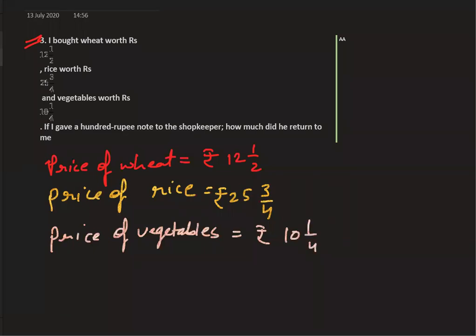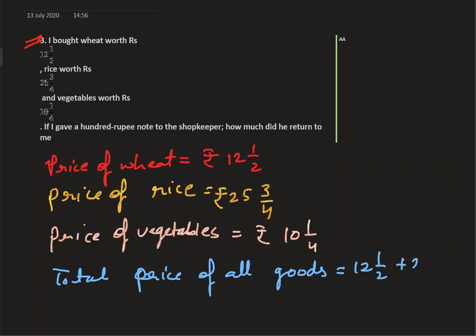So total, can you find the total rupees? Total price of all goods is equal to 12 whole 1/2 plus 25 whole 3/4 plus 10 whole 1/4.